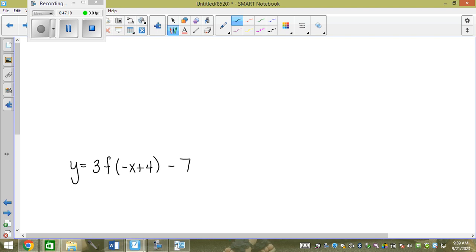Do I have a positive 1 in front of my x? No. So I would have to go take a negative 1 out, and I'd be left with x minus 4 minus 7. So it's actually 4 to the right. Do you see how that's an oopsie that could happen? Most people will spot the coefficient in front having to be pulled out, but when it's a negative 1, they'll just oopsie and not spot it as much.